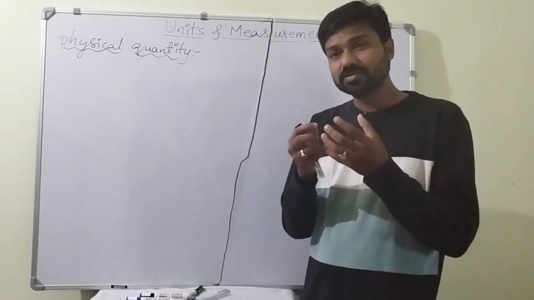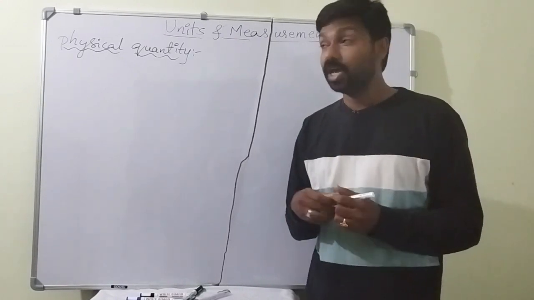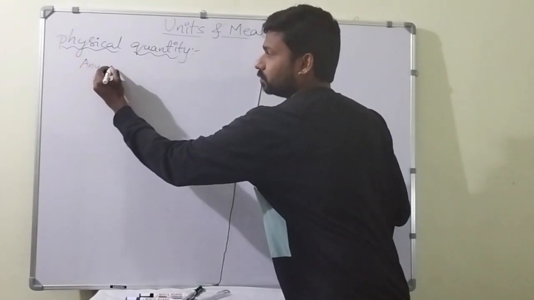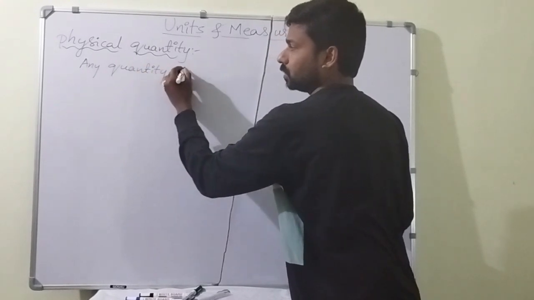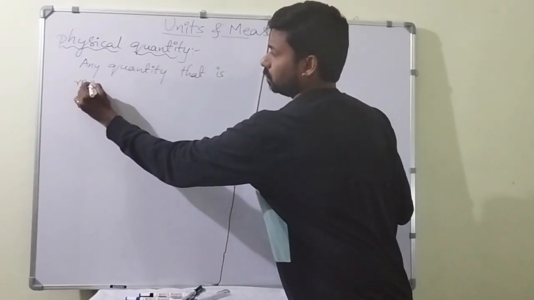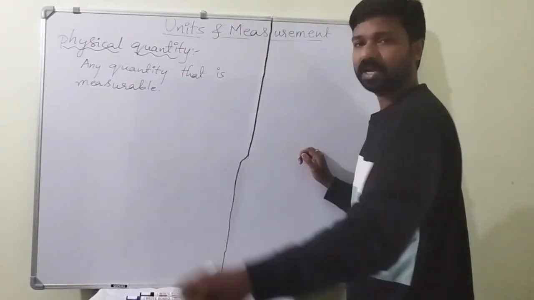Any quantity which you can measure, we call a physical quantity. You can write it down: any quantity that is measurable is called a physical quantity.